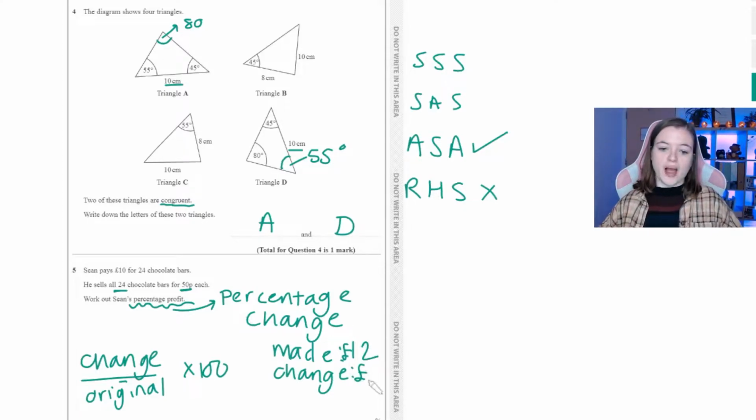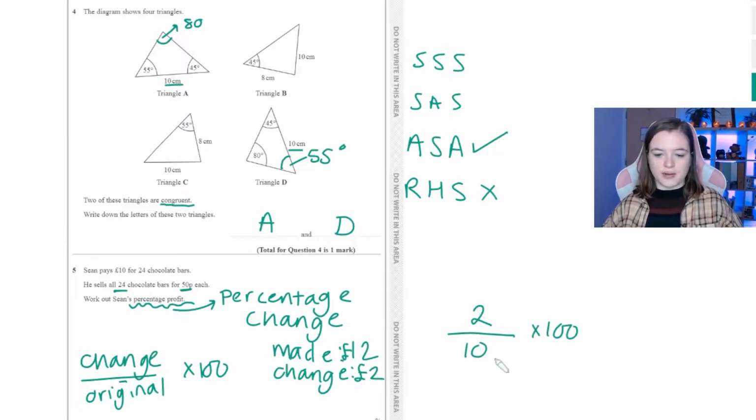So that's a £2 change, because he took back £12, but actually spent £10 getting the chocolate in the first place. So the change, in this case, I'm going to write over here, is going to be £2 over the original, which was £10 that he spent, then times 100. So that's 2 divided by 10, that's 0.2, times 100, which is then going to be 20%. Move that twice. 1, 2, 20%.